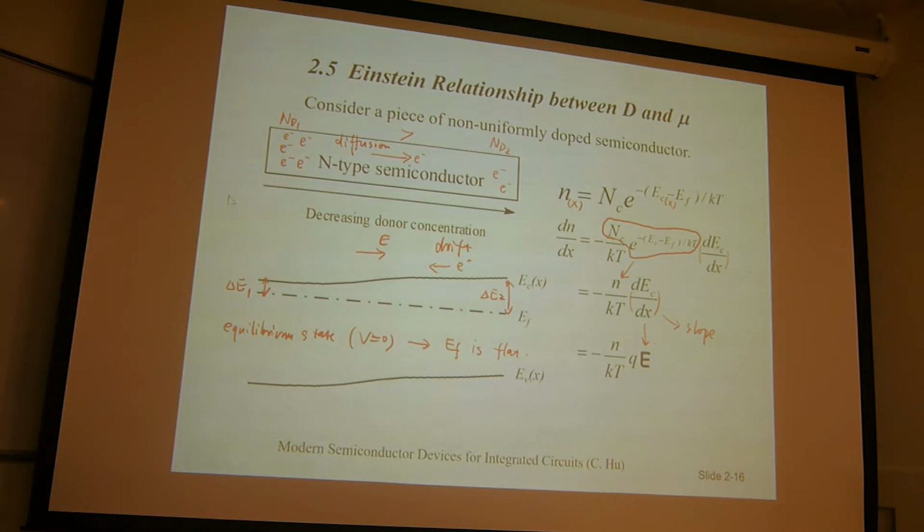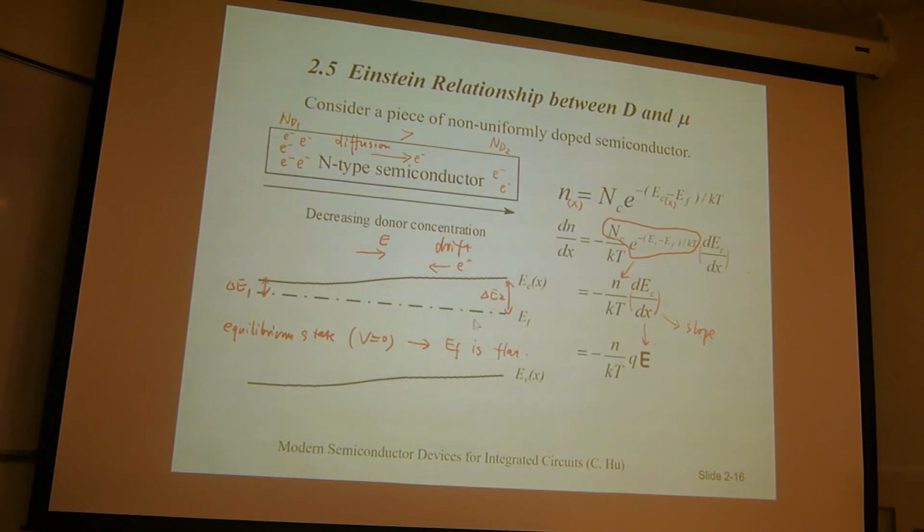In this case, you have higher doping density to the left and lower doping density to the right. So due to this non-uniform doping, you will have the diffusion of the electrons from the left to the right. When you look at the energy band diagram here, this is also an important concept. Equilibrium state means that we only have a single Fermi level.